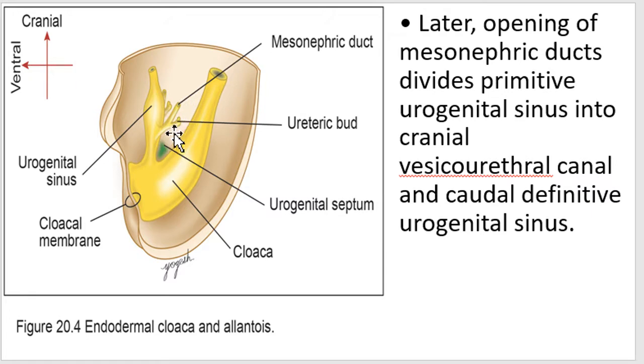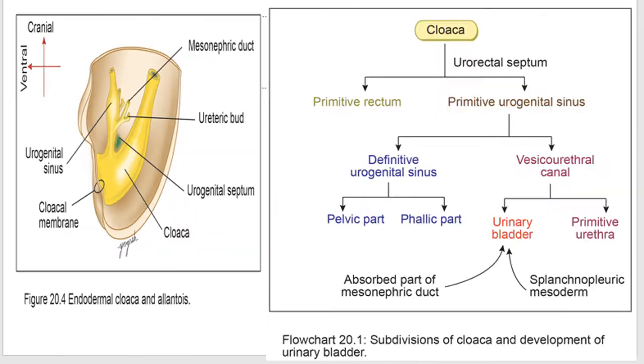The mesonephric duct opens into the primitive urogenital sinus. About the opening of the mesonephric duct, the primitive urogenital sinus is divided into the upper part, the vesicourethral canal, and the lower part, the definitive urogenital sinus.